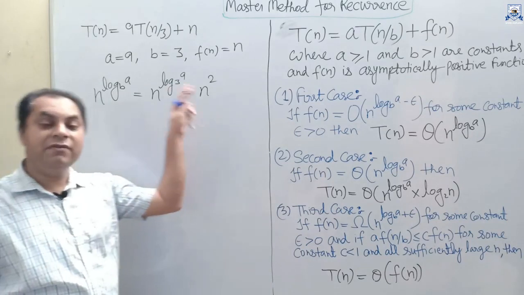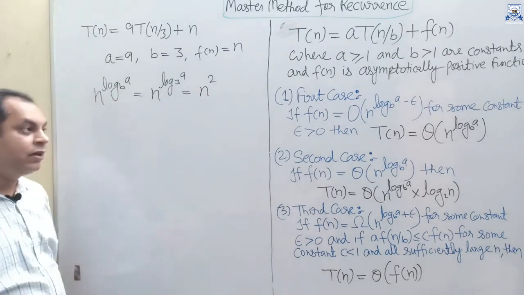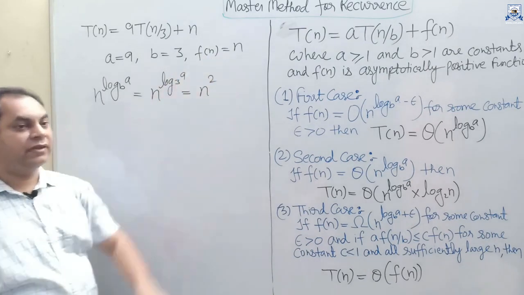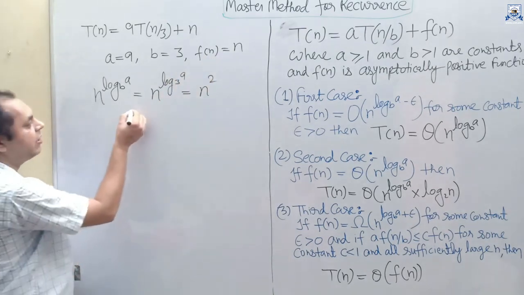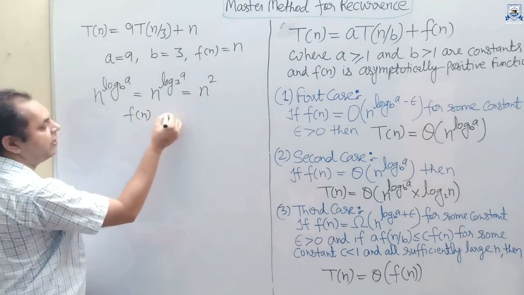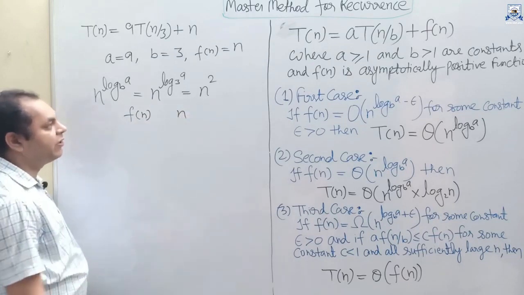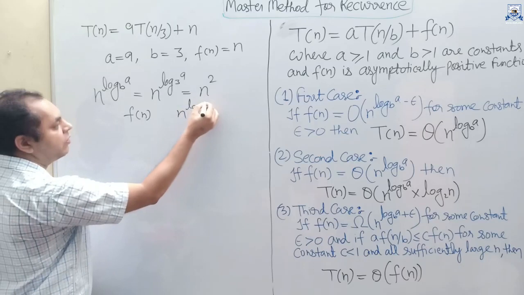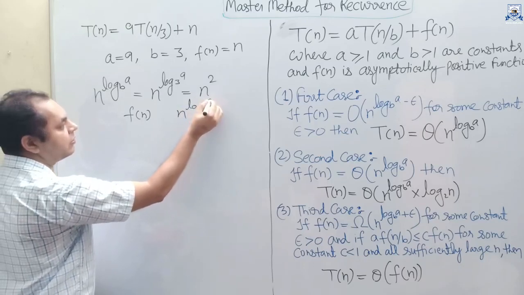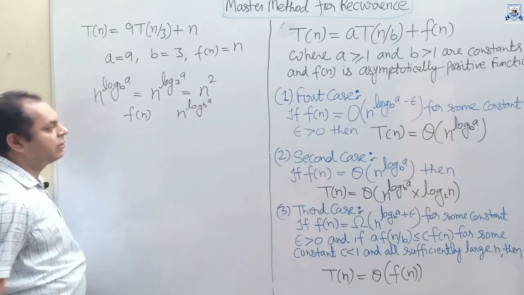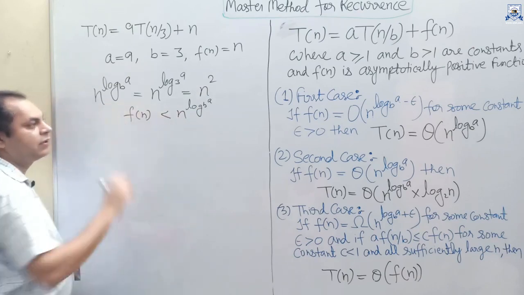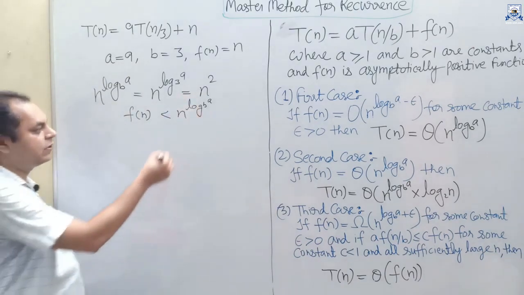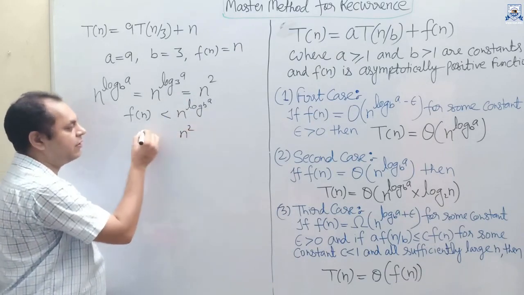After finding the value of n to the power log a at base b, you have to compare it with f(n). If I compare f(n), which is n, with n to the power log a at base b, f(n) is smaller in our case because it is n squared versus n.